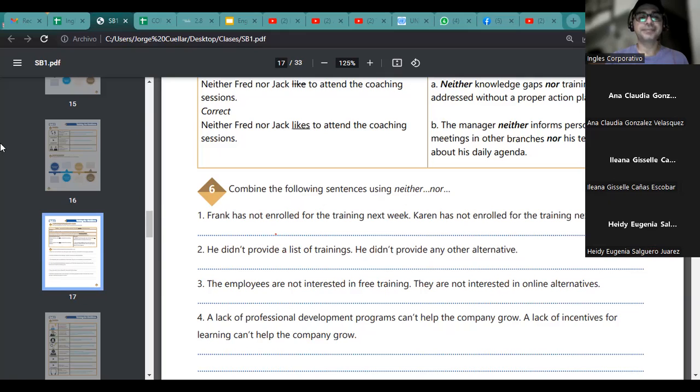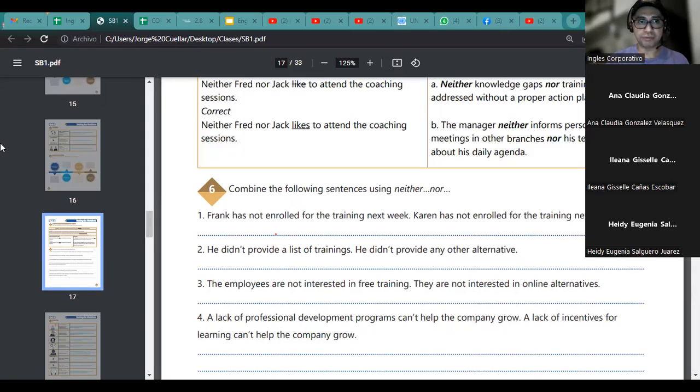If the two options are the subjects, it's better to start with neither. So when the subjects are the alternatives, in this case, a lack of professional development and a lack of incentives are the subject, we're going to start with neither. But when there is just one subject, for example, in number two, he and he is the same person.